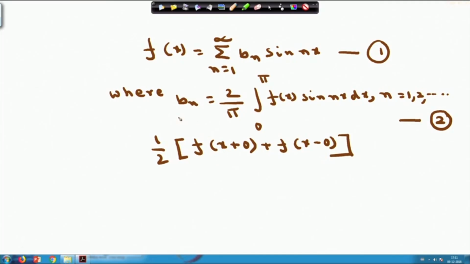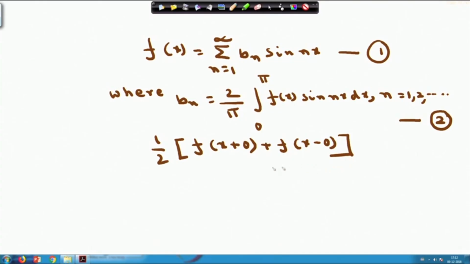If it is discontinuous, then it converges to half of f of x plus 0 plus f of x minus 0.